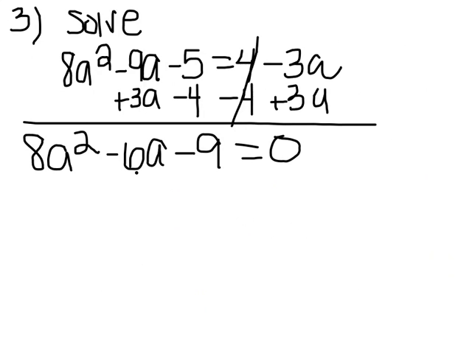The first thing that we need to do is multiply our first term times our last term. So 9 times 8 is 72, and we'll be looking at the factors of 72 that subtract to negative 6.